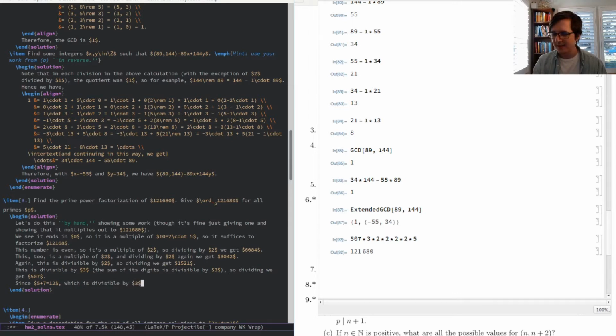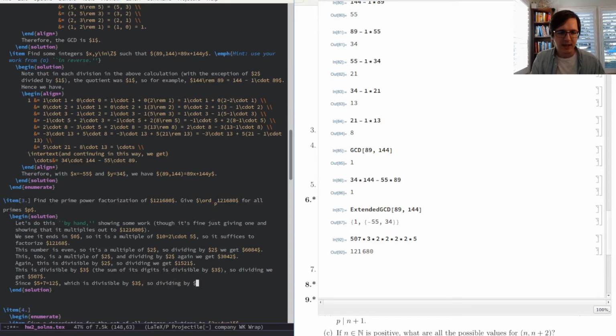I guess this divisibility trick might be coming from after this lecture, but the point is, if we just keep trying to divide by small primes, like 3, this is not divisible by 2, so what we should be doing is divide by 3 repeatedly now. And this is just a trick to see that it is divisible without needing to divide it and check the remainder. So it's divisible by 3.